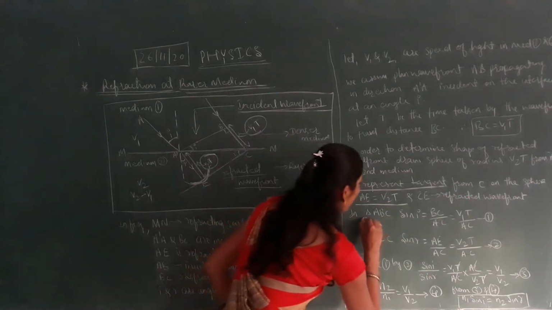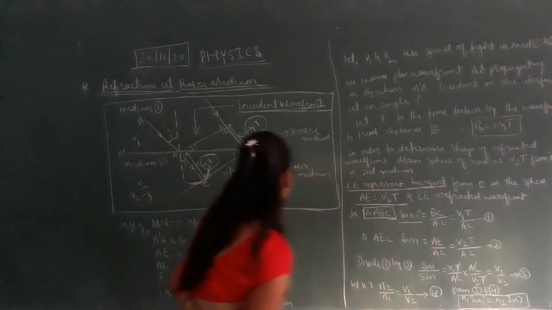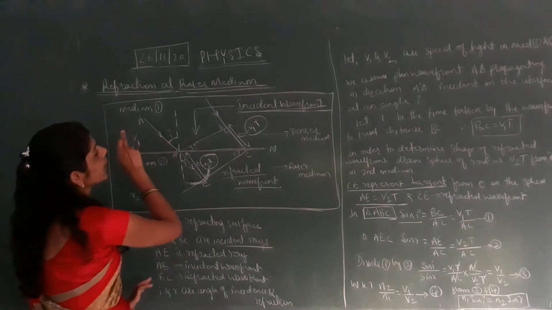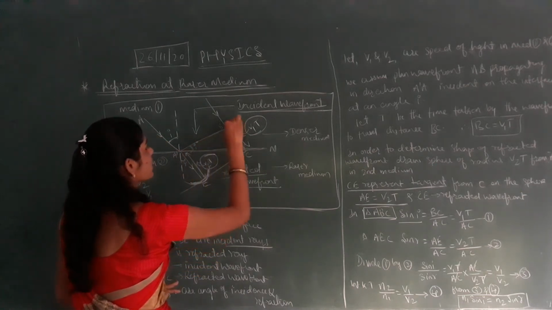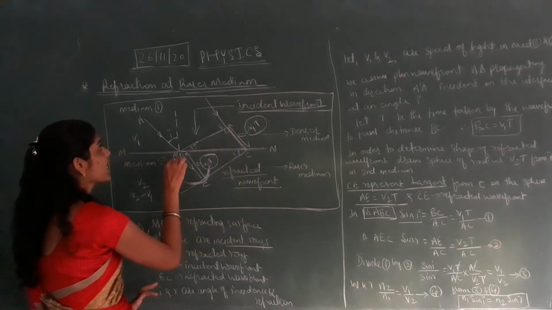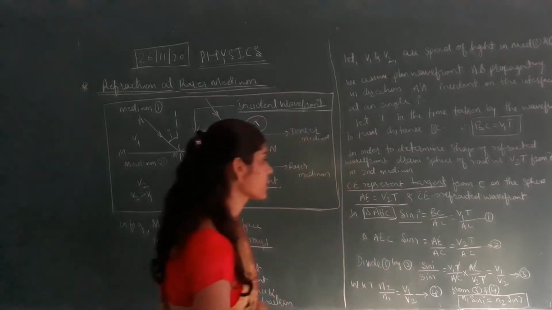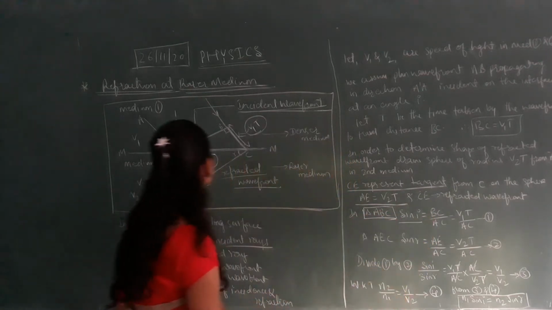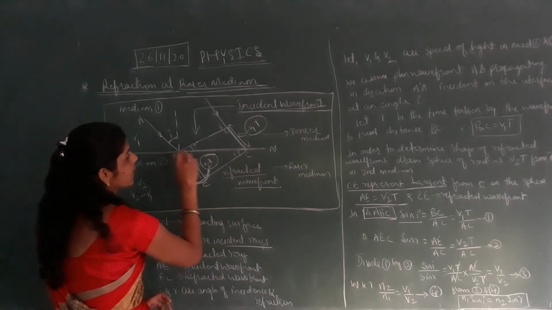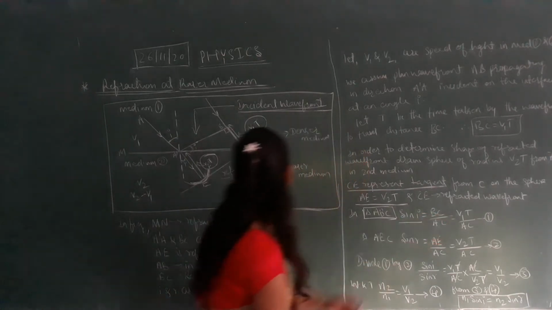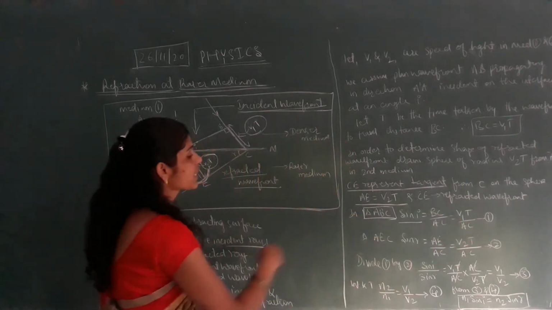In the triangle ABC, sin I is BC divided by AC. BC is nothing but V1 into T, and AC is kept as it is.